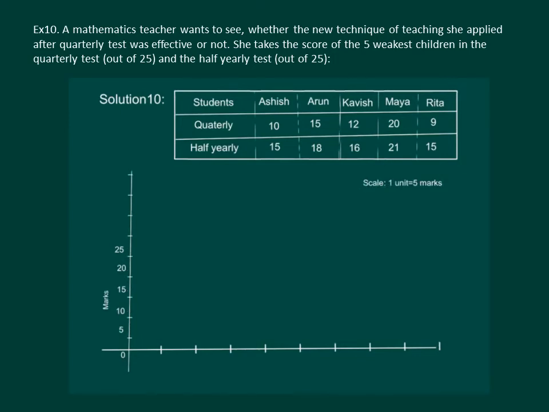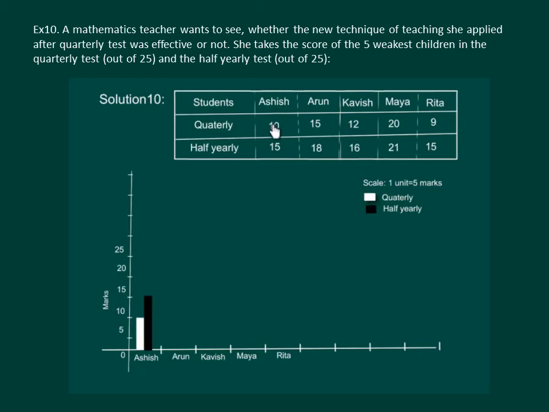Teacher chooses the scale of 1 unit equal to 5 marks for the vertical axis. She marks the horizontal line with the name of the students and decides that she will use white color bars to depict quarterly marks and black color bars to represent half-yearly marks.